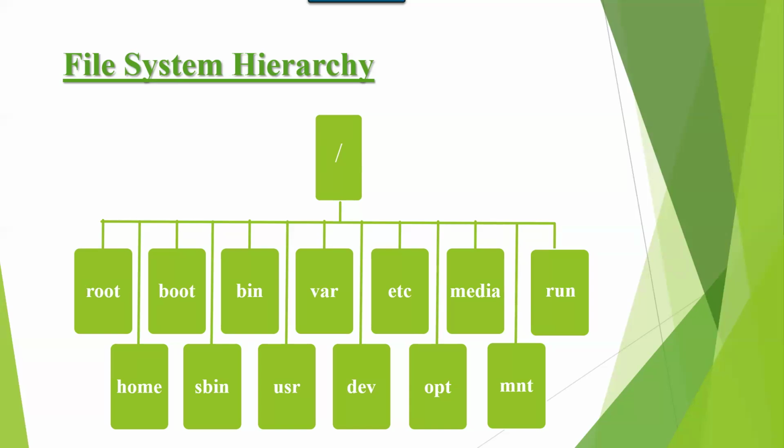As a super user, you log in and create files or directories, and the data is stored under root. Home is the home directory for a normal user, and the data is stored under home.